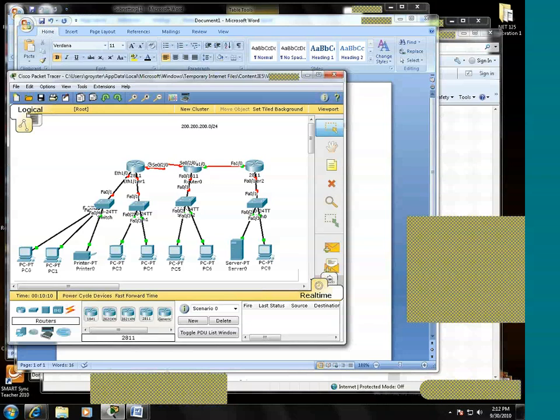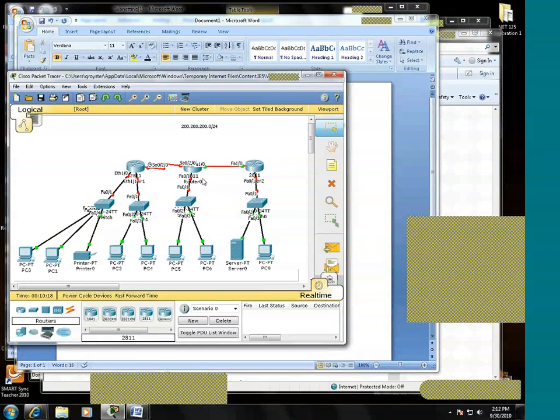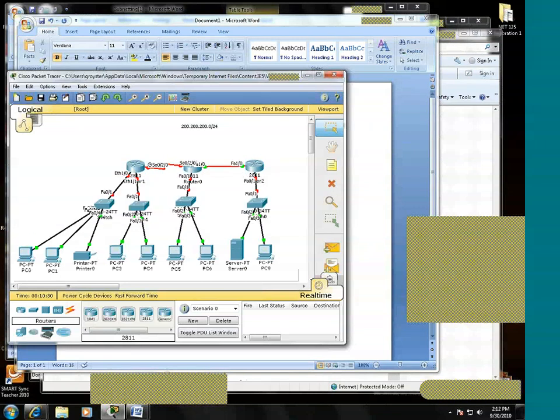Okay, let me count again. Okay, let's start from this side. 1, 2, 3, 4. Did I make a mistake? What was the mistake? I counted those interfaces. Those interfaces are part of the same network because it's shared.